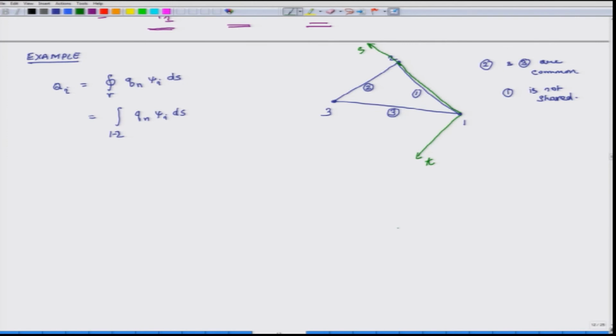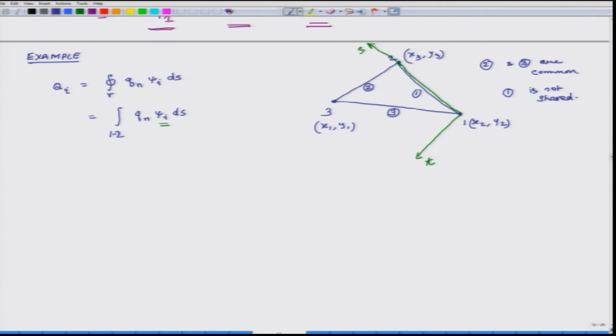Okay. To calculate this formula, I know how to calculate psi I. I have learned that. I know x1, y1, x2, y2, x3, y3, right.